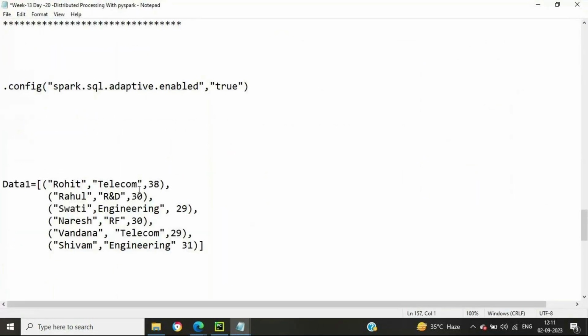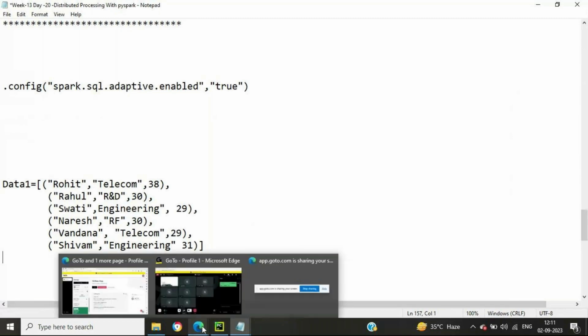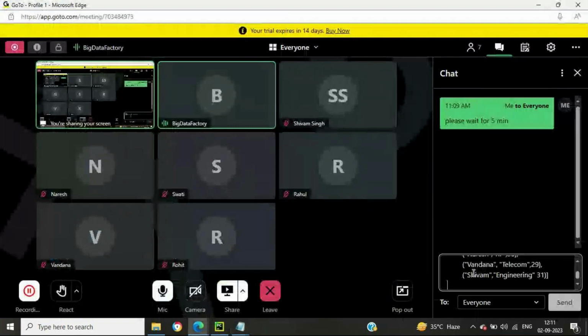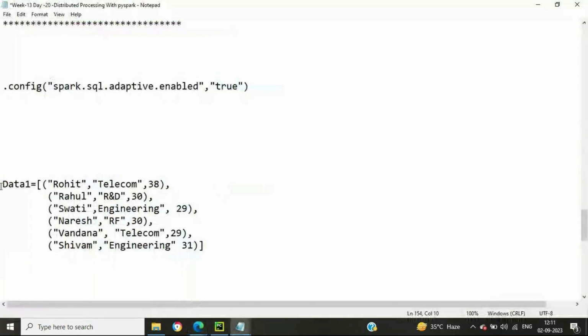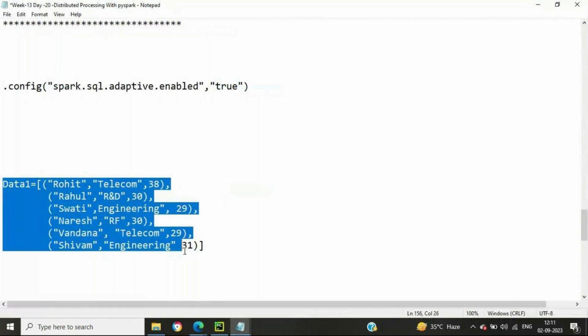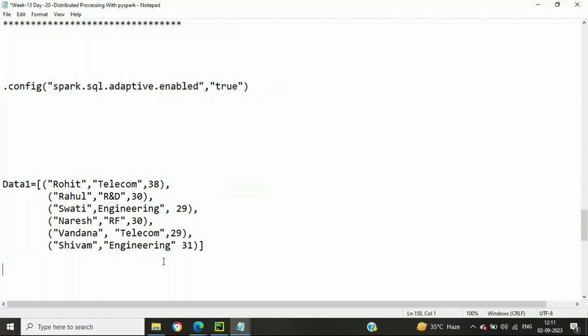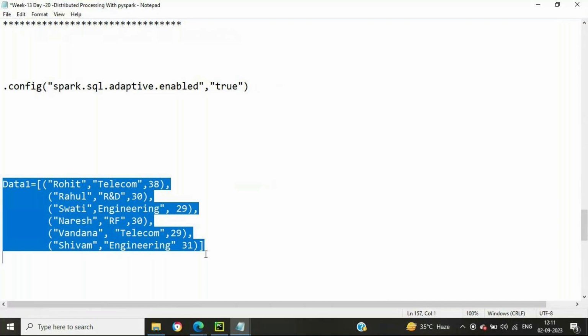This is the data that we are having. Let me share it with you all. So this is the data, and I want to have a Spark SQL query from your side.